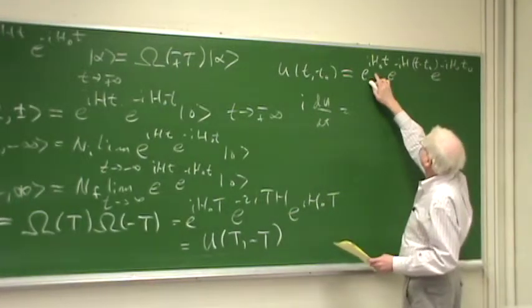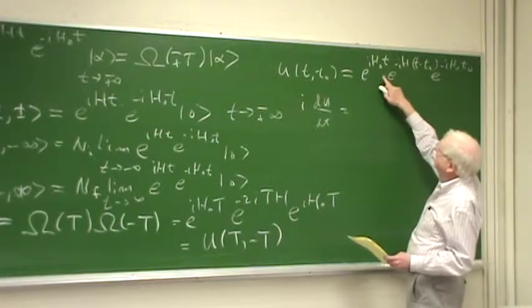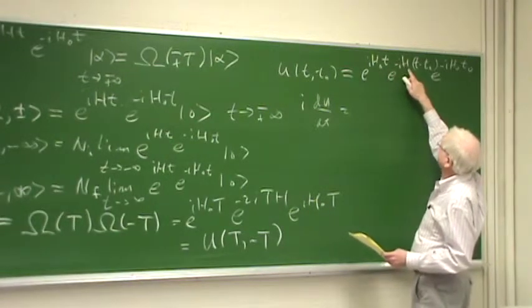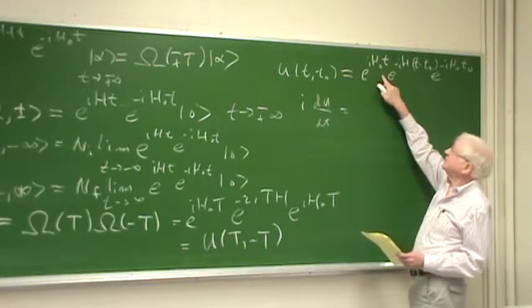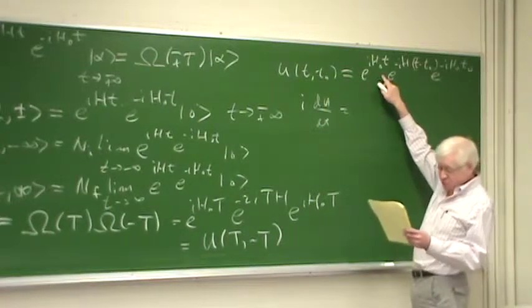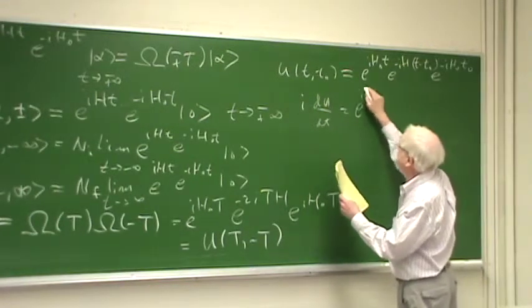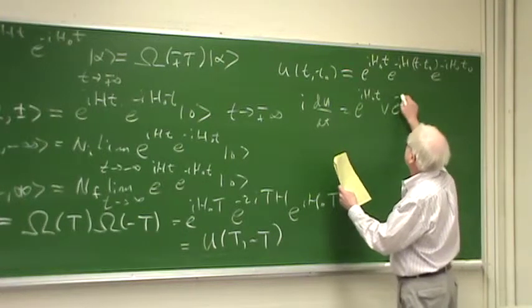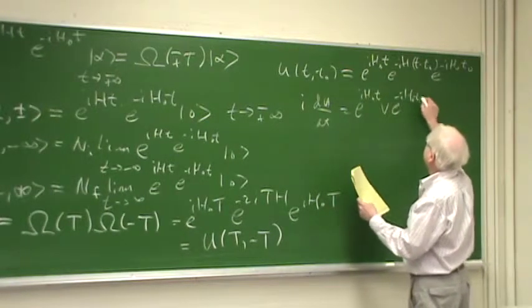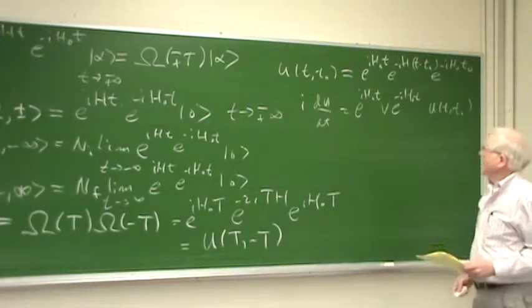we can bring down an iH0 here, and we bring down a minus iH here, and the difference of the two is V, but the V is sandwiched in here, so we have e to the iH0t, V, e to the minus iH0t, and then we have U of t and t0.